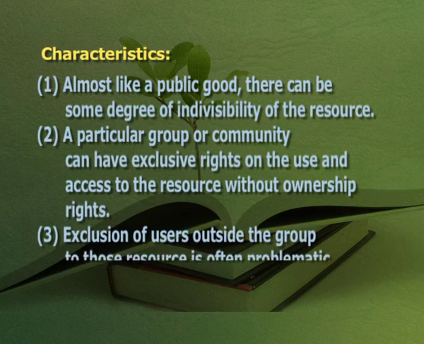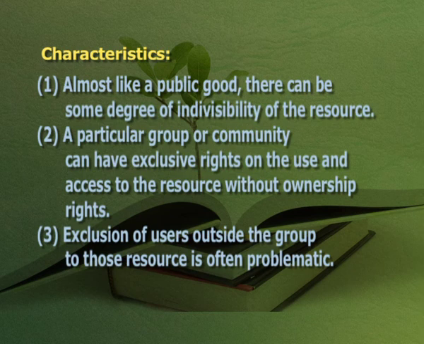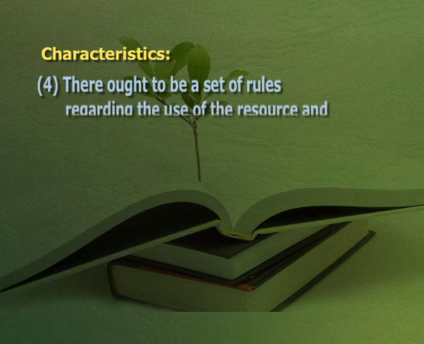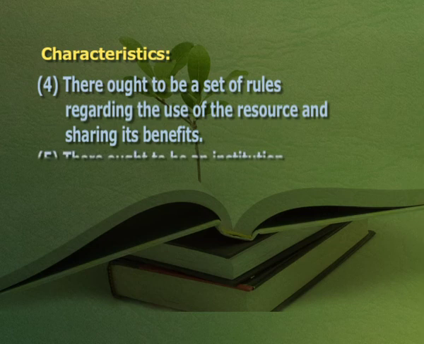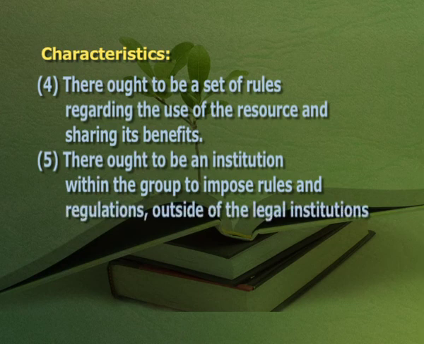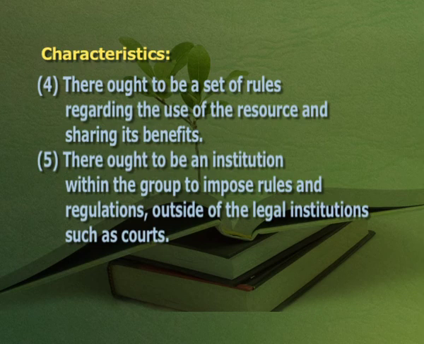Third, exclusion of users outside the group from those resources is often problematic. Fourth, there ought to be a set of rules regarding the use of the resource and sharing its benefits. And finally, number 5, there ought to be an institution within the group to impose rules and regulations outside of the legal institutions such as courts.